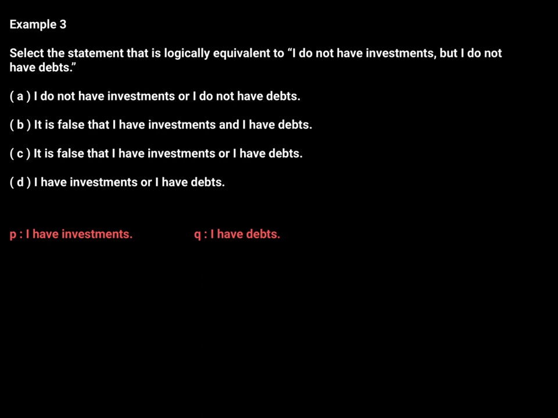Now the original statement says, I do not have investments, so that is not P, but I do have debts. But remember, the word but here is one of our logical connectives. It can be replaced with and, so that is a conjunction. I do not have debt, so that is not Q. So this is the given statement.